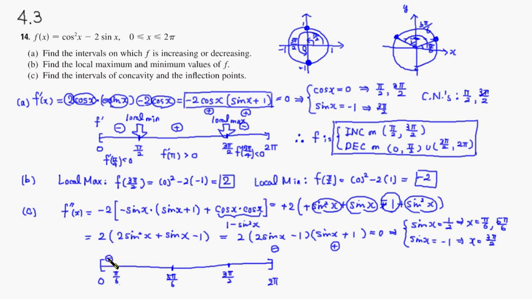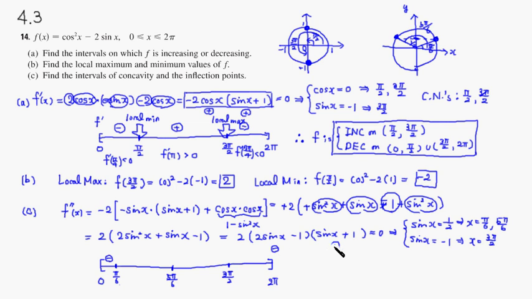All right, so I'm looking at the second derivative. Between pi over 6 and 5 pi over 6, I'll probably do pi over 2 or something like that. If you put pi over 2, sine is going to be 0.